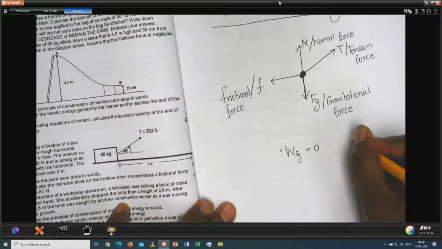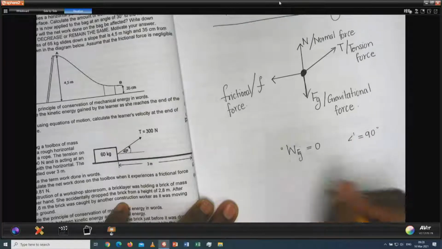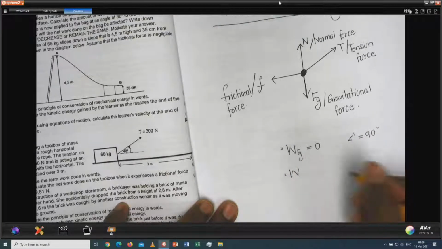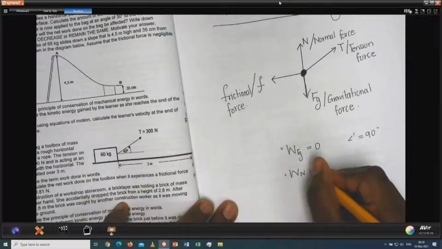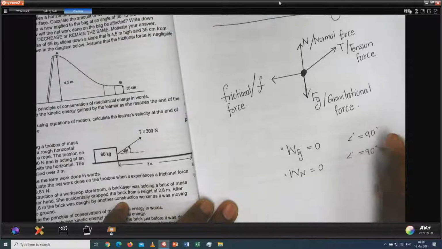Why is it 0? Because the angle is equal to 90 degrees. Also, the work done by the normal force is 0. Why? The angle is 90 degrees.